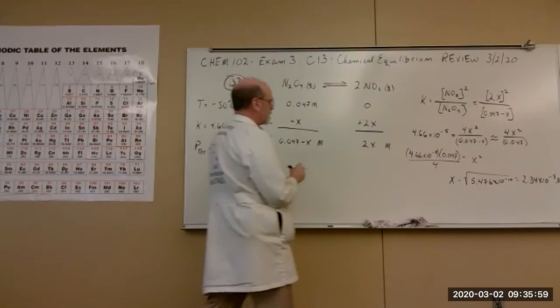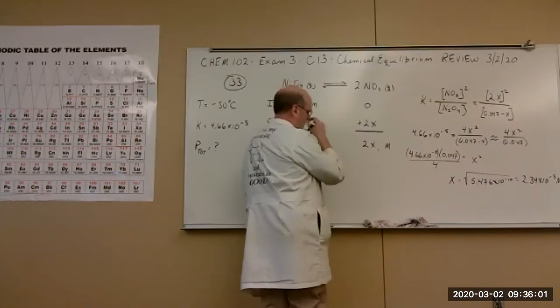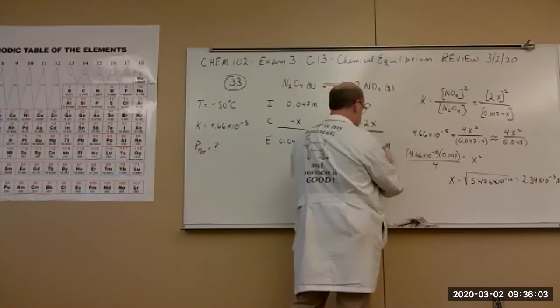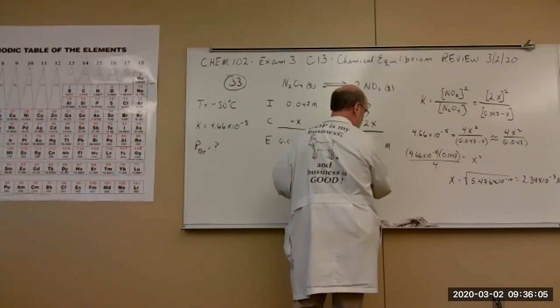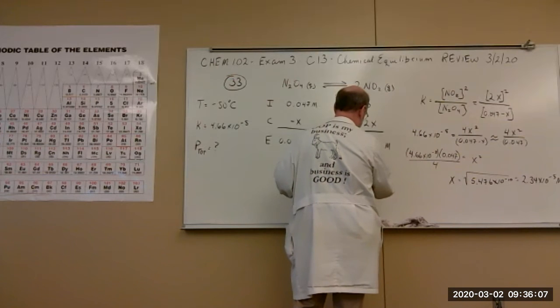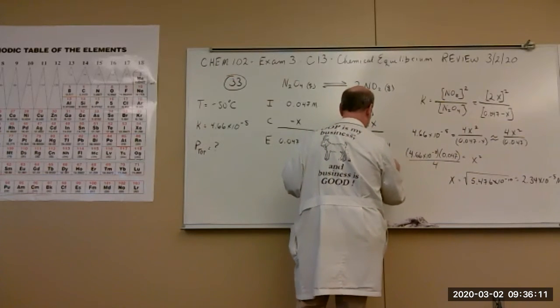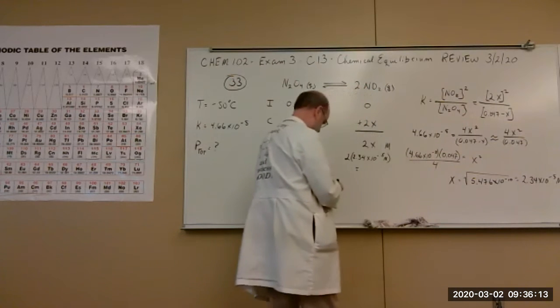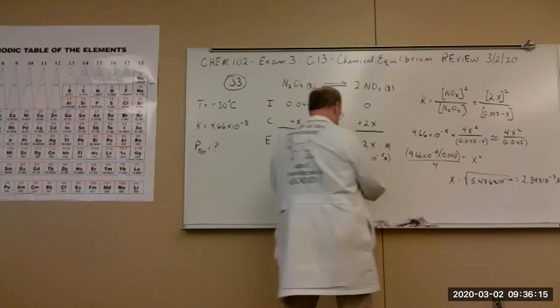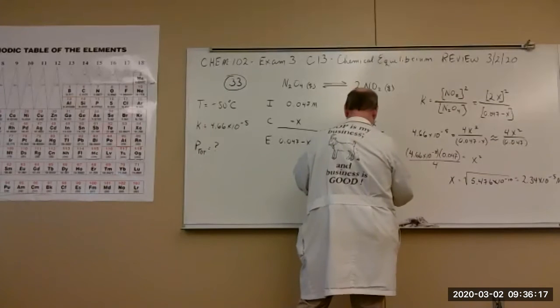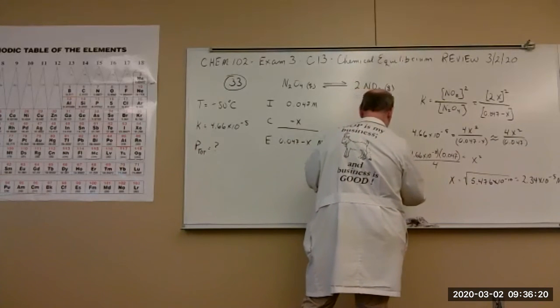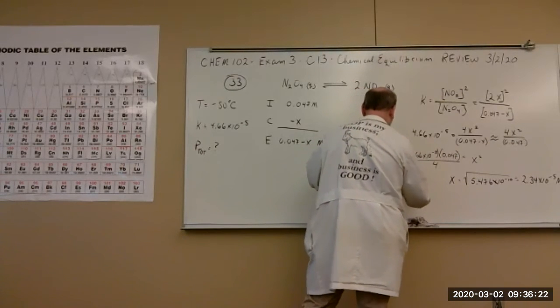And we need to determine molarity here, so 2 times x is 4.68 times 10 to the minus 5 molar.